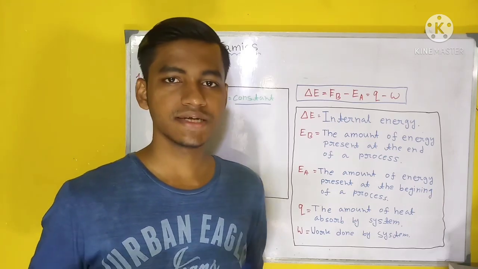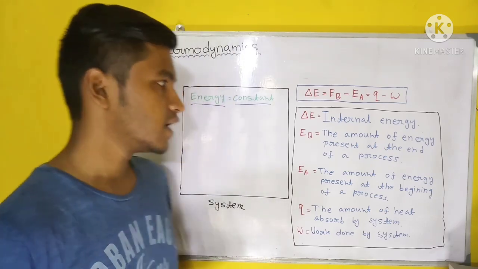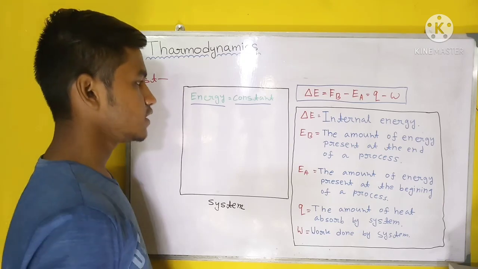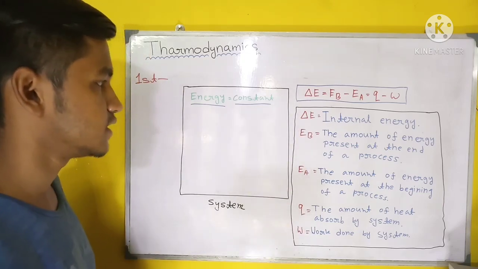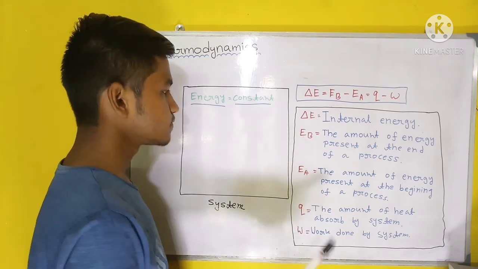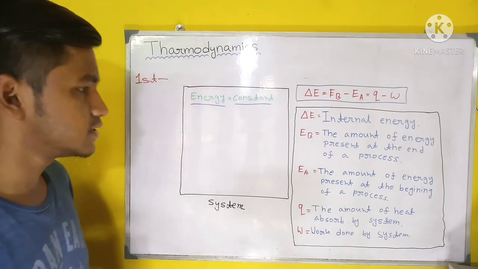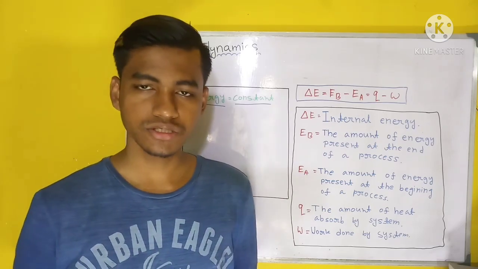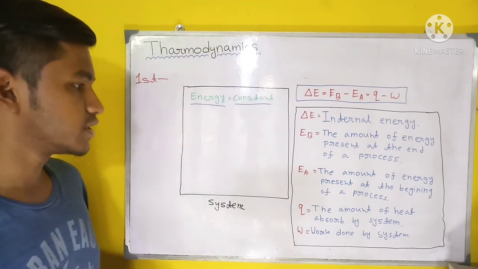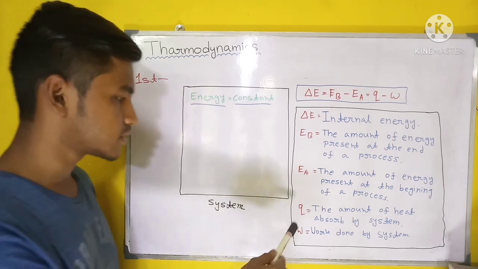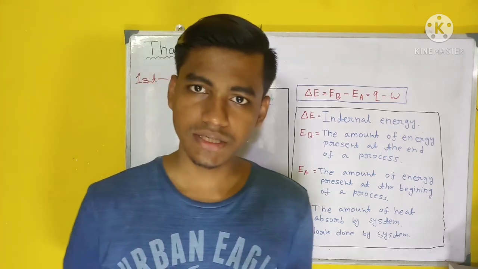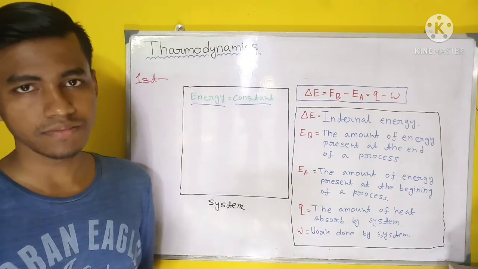That means we can neither create energy, we can never destroy energy, and this is the mathematical equation: del E is the internal energy, EB is the amount of energy present at the end of the process, EA is the amount of energy present at the beginning of a process, Q is the amount of heat absorbed by a system, and W is work done by system.